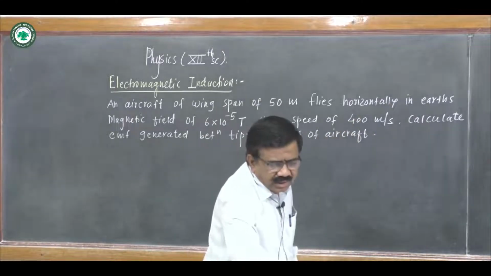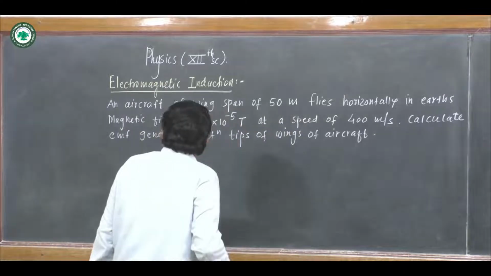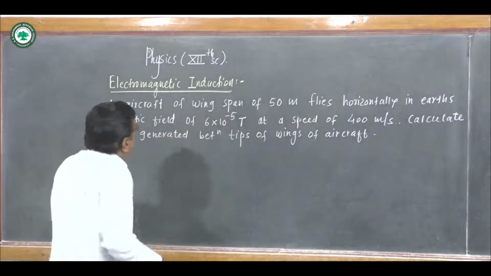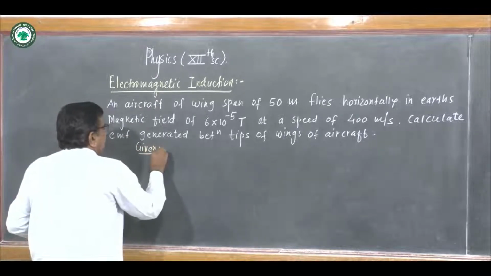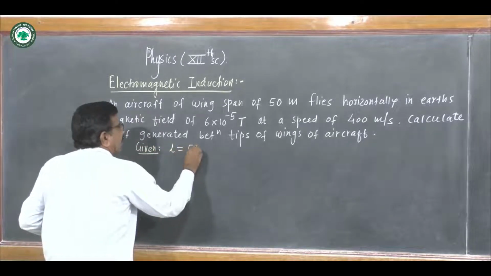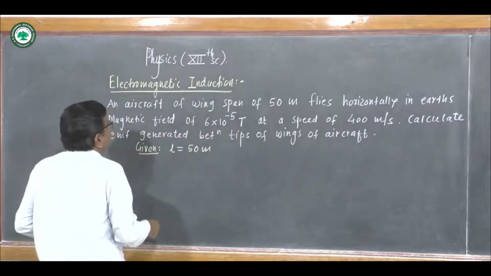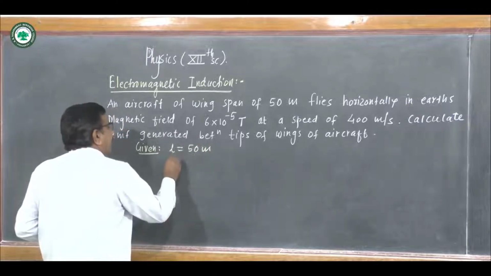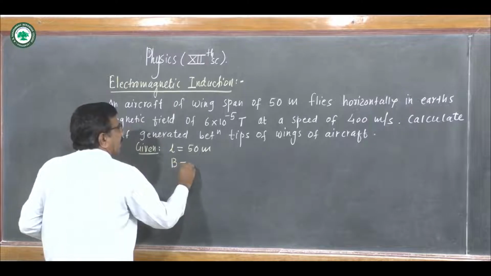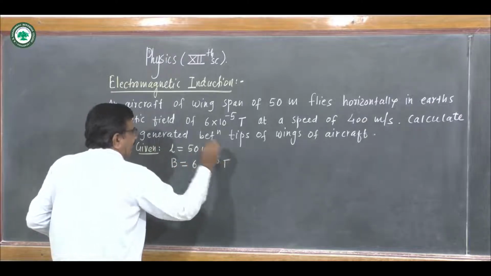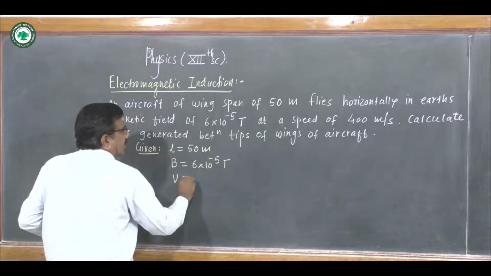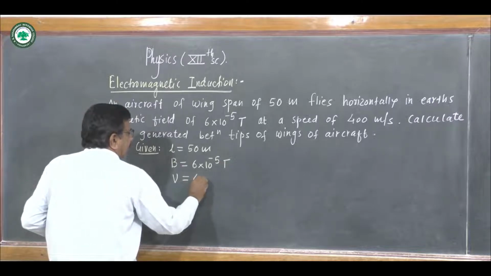In this problem, the given data is an aircraft of wingspan 50 meter, that is the length of the wings is 50 meter. Horizontally in Earth's magnetic field, that is induction B, 6 multiplied by 10 raised to minus 5 Tesla, and V is 400 meter per second.